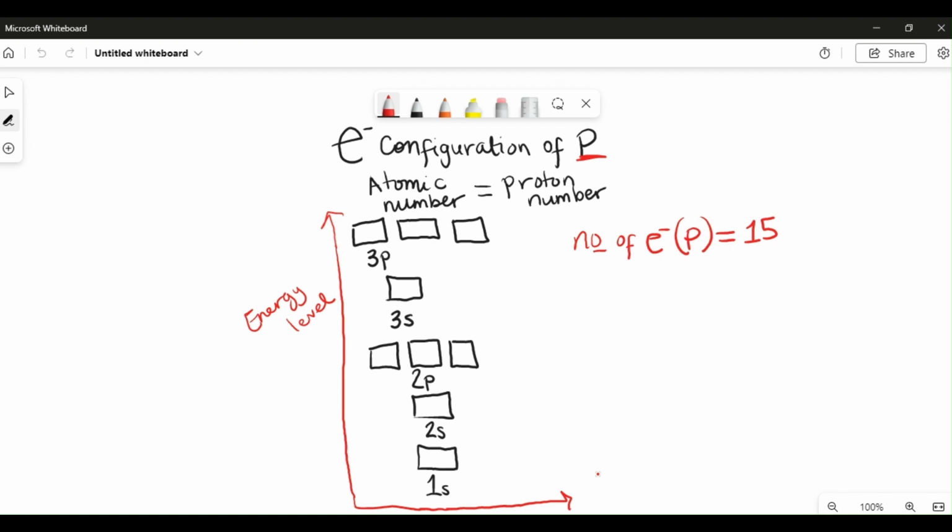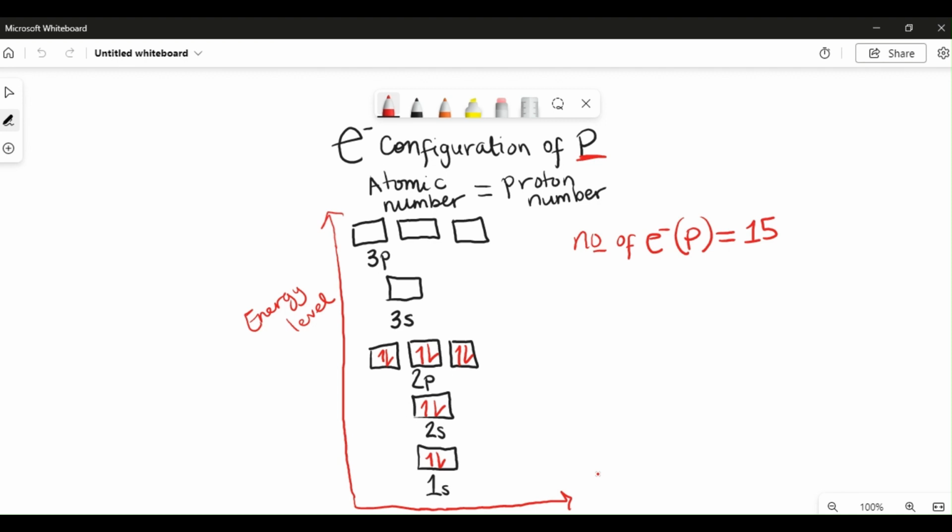What I mean is that we're going to keep filling it, each one of them, until we've used up all of the electrons. To fill this up, we know that we have one, two. So we've got two electrons, then 3, 4. Then we have 5, 6, 7. And then we have 8, 9, 10.